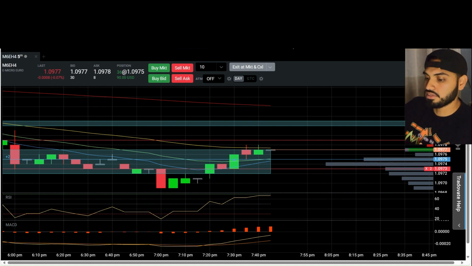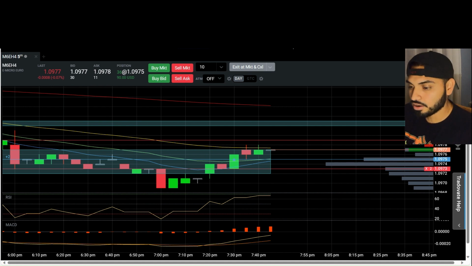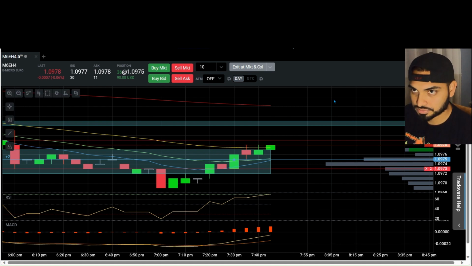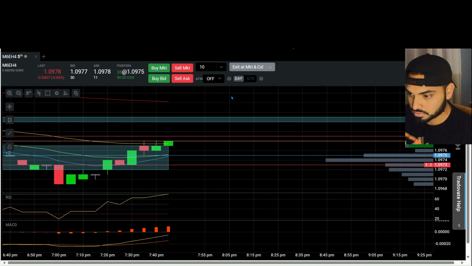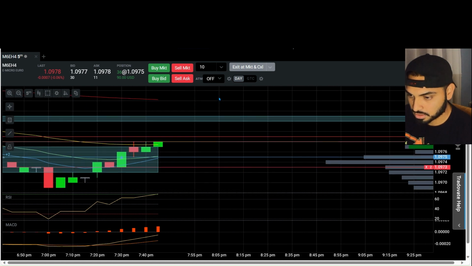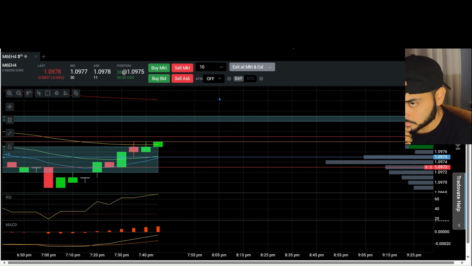As the play develops going up, I'll gradually move my stop. So now it's no longer a 1.2, because since I moved my stop, now it's a 1.3 risk reward ratio.